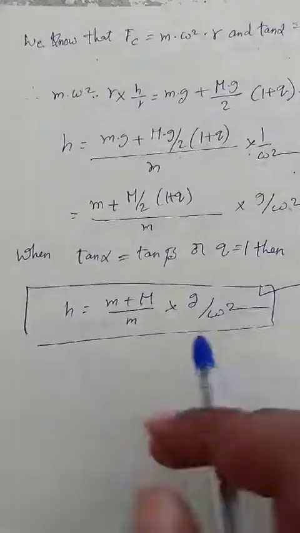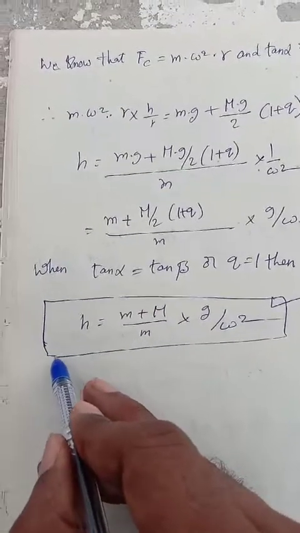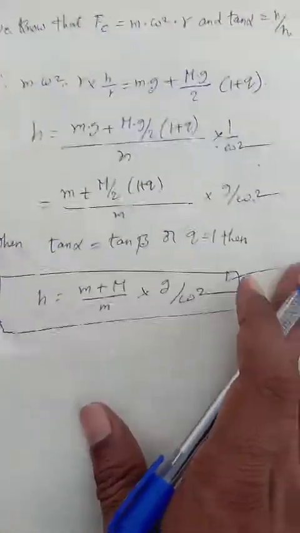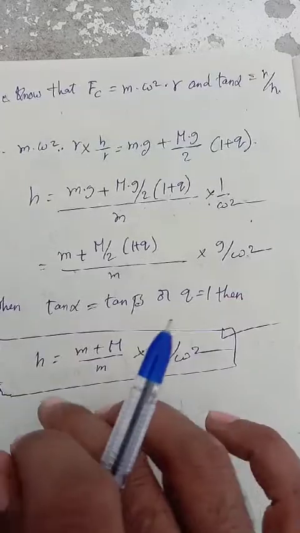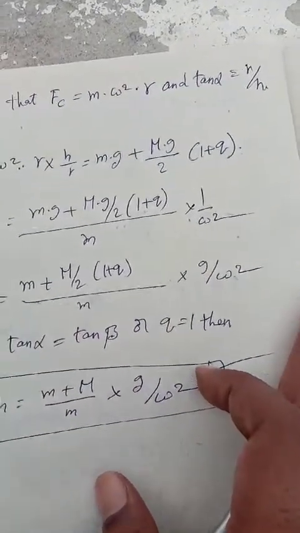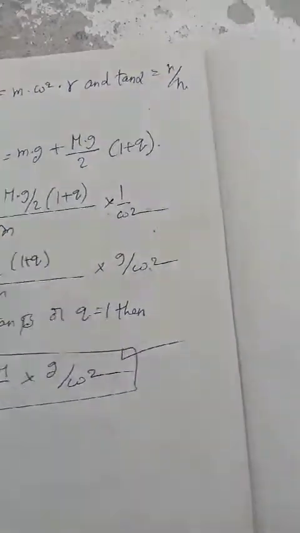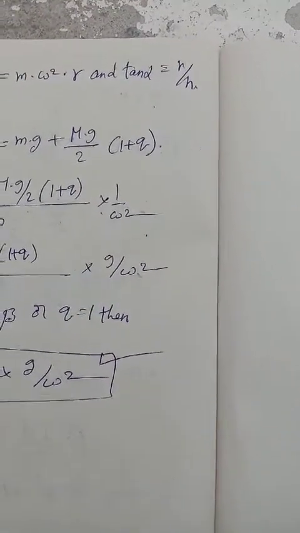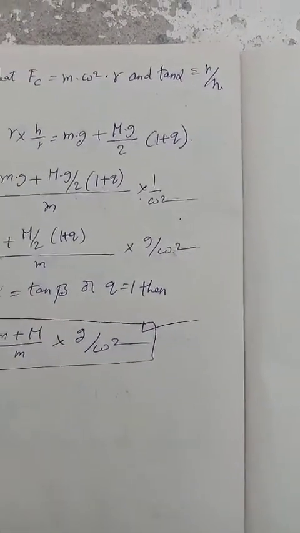This is the solution to find h for the Porter governor by two methods: the instantaneous center method or the method of resolving forces. So tomorrow we will see some problems on this. Okay, thank you.